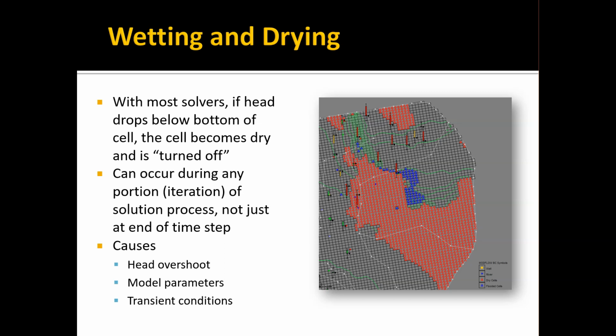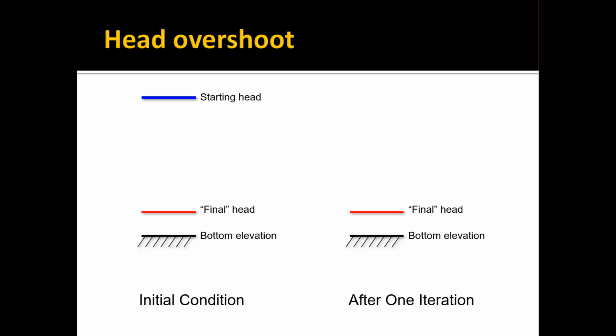So what causes this? We're going to look at 3 different causes: head overshoot, model parameters, and transient conditions. First of all, head overshoot. Let's look on the left at the initial condition.